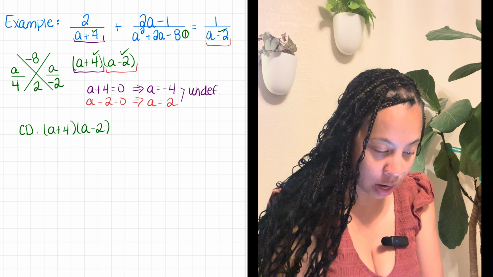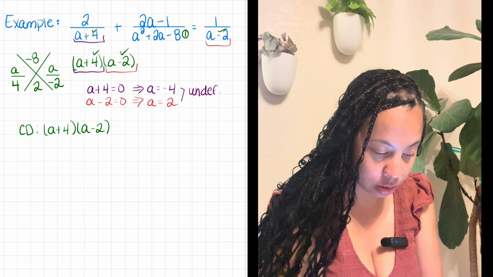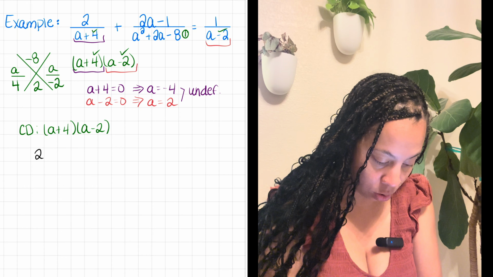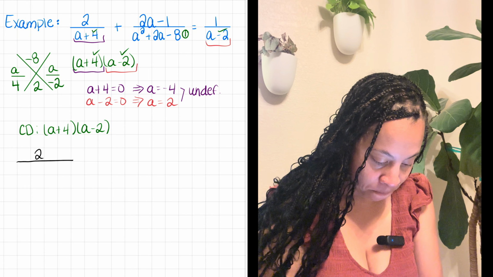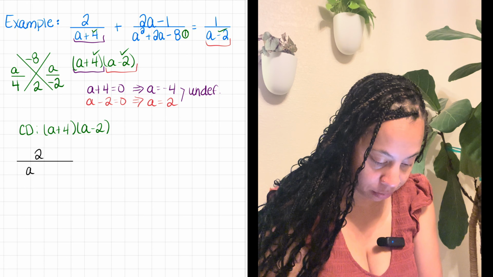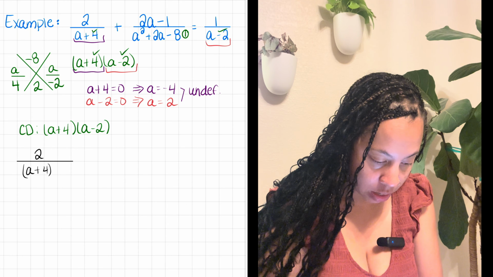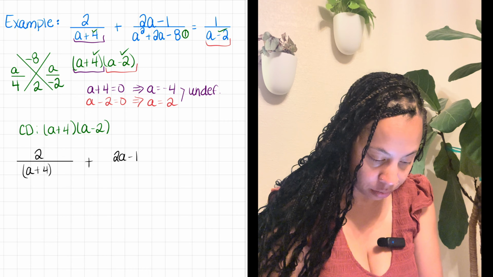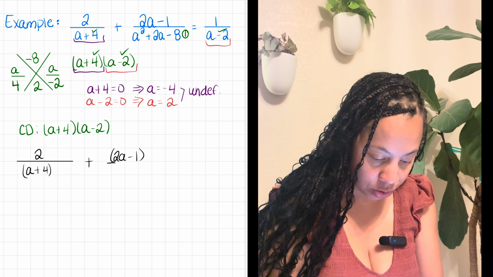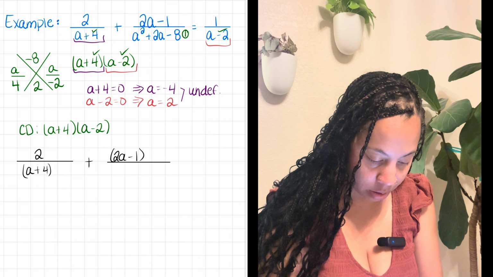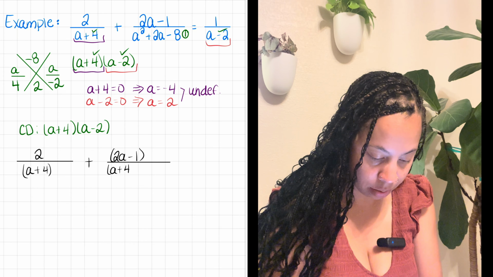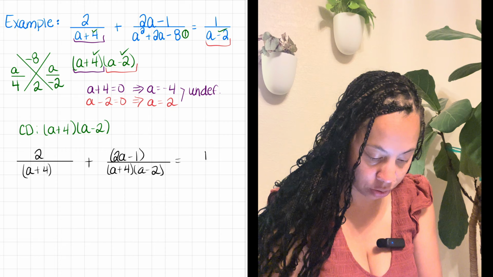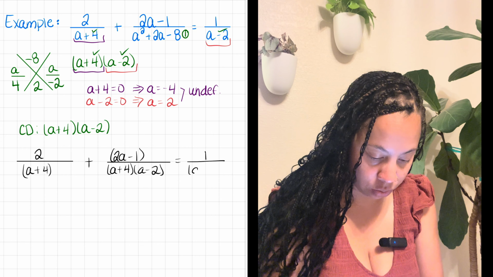So let's go ahead and rewrite our fractions and multiply each one by that a plus 4 over a minus 2. So we have an a plus 4 here, plus 2a minus 1 over a plus 4, a minus 2 equals 1 over a minus 2.